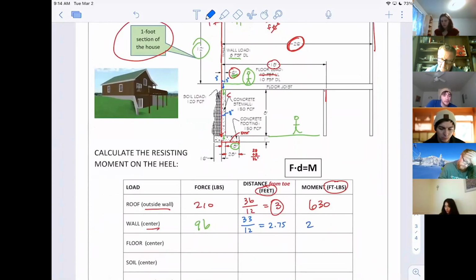So since we all did this one together anyway, if I take 96 times 2.75, I get 264. So now we're up to almost 900 on our way to 4,800. So this is what the engineer would have done.